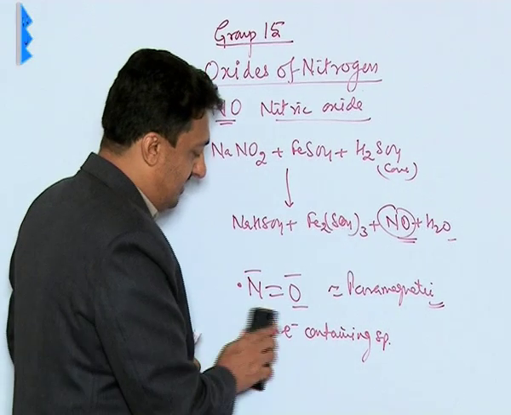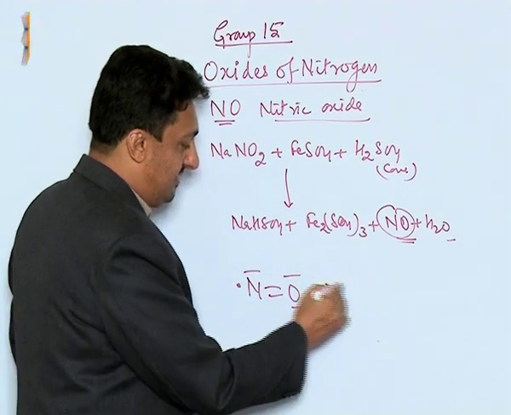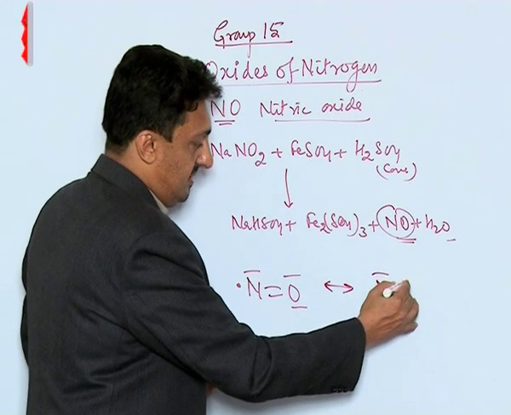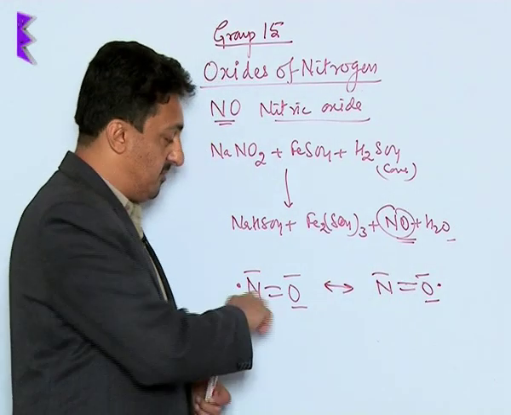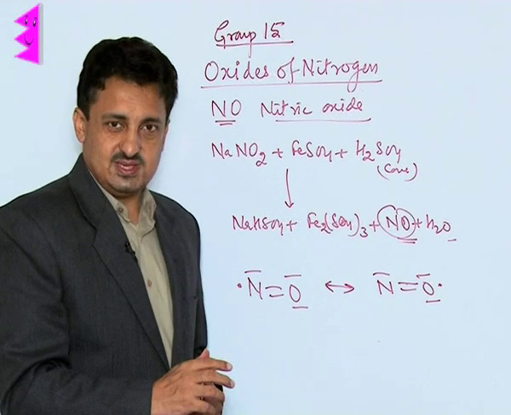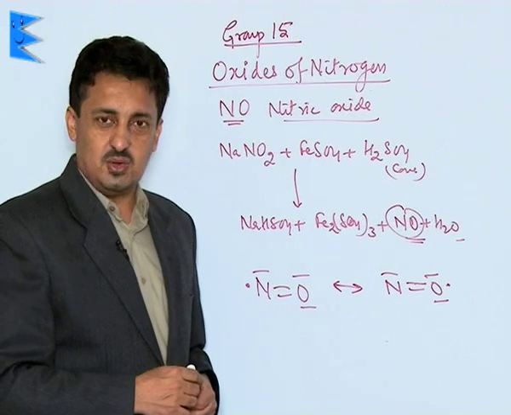And you have to realize its resonating structures: we can locate this odd electron on oxygen also. So it keeps on moving between the two. It's a colorless neutral gas. Again, nitric oxide is a colorless gas and it is neutral in nature.